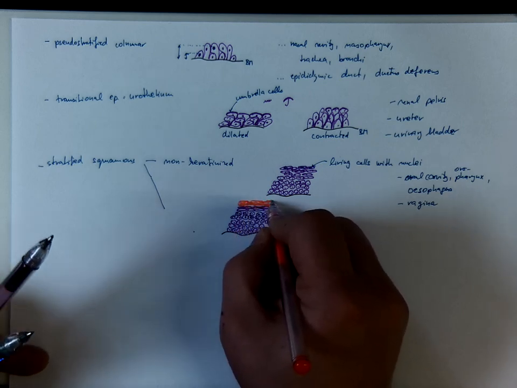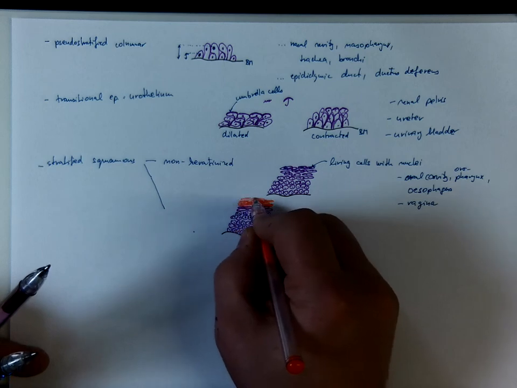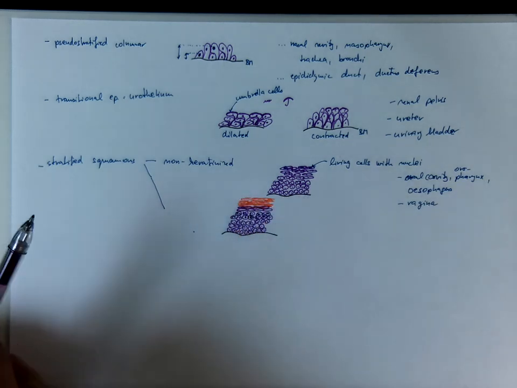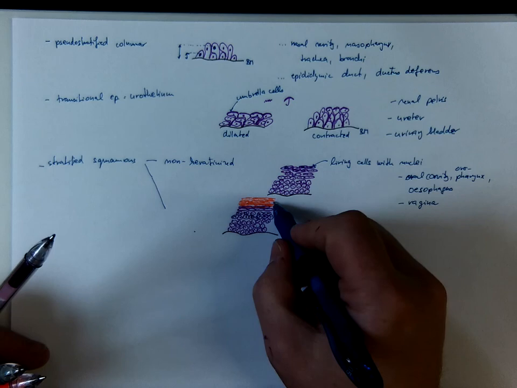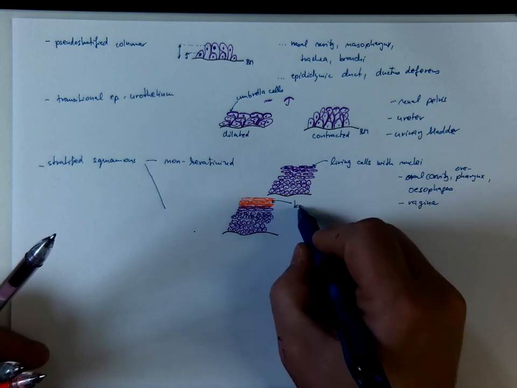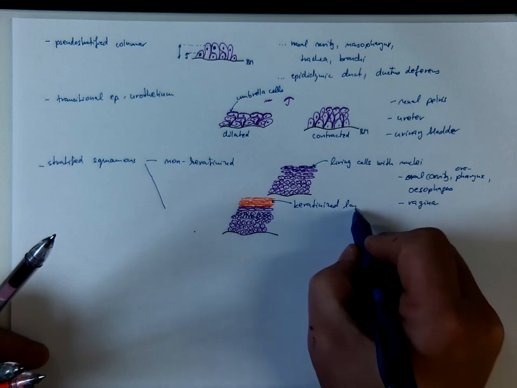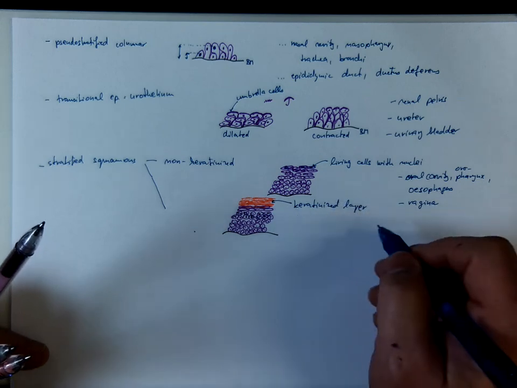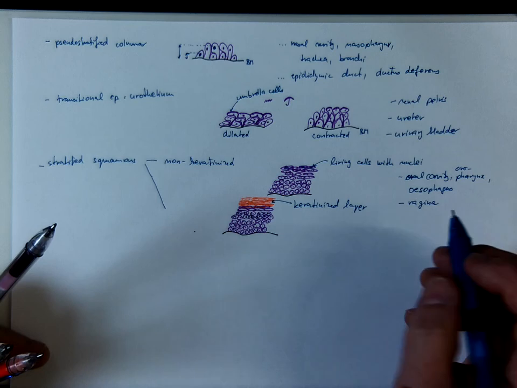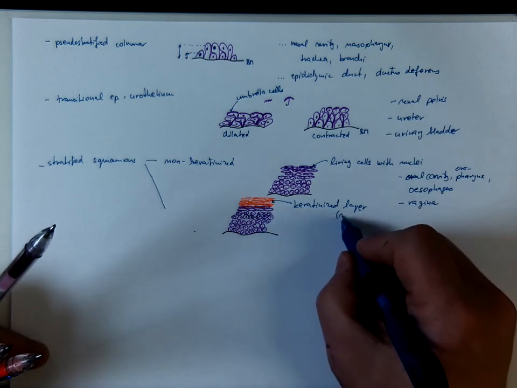You cannot exactly tell where the cell borders were, because they are filled completely with keratin. So this is the keratinized layer, which is obviously made of dead cells filled with keratin and with no nuclei.